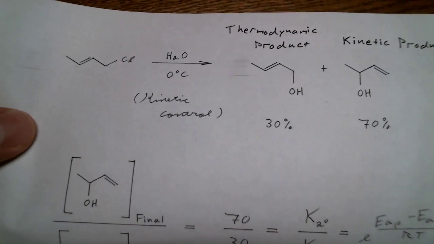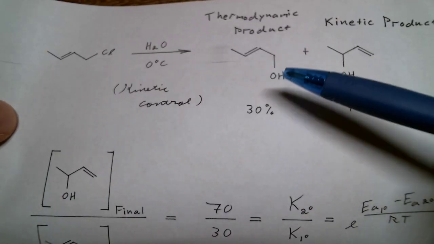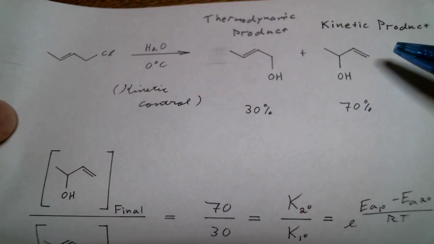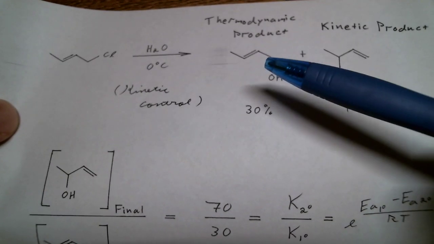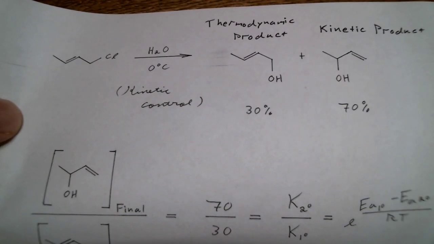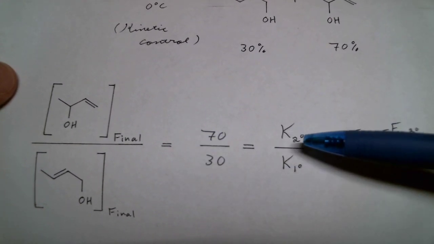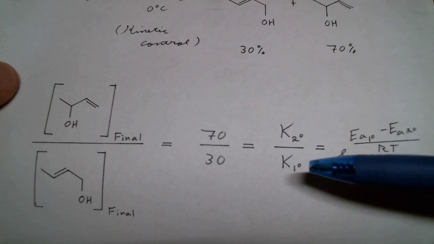So here we go. What are the percentages of products at the end of the reaction? Well, at 0 degrees C in water under kinetic control, we get about 70% of our secondary alcohol kinetic product versus 30% of our dialkyl substituted primary allylic alcohol thermodynamic product, right? And you could estimate the ratio of those percentages as the ratio of those reaction rate constants.